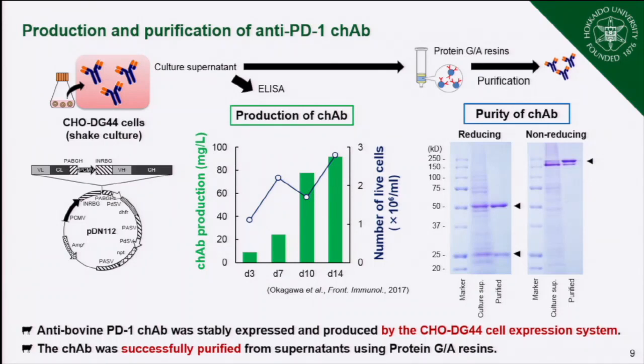Our anti-PD-1 chimeric antibody was successfully expressed in a stable cell line, and after cloning of the stable cell lines, we found that we can produce this amount of antibody in this cell expression system. Then the chimeric antibody was purified from supernatants of the cell culture using protein G or A reagents.